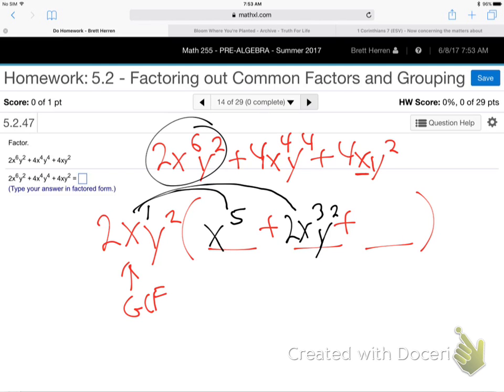Because the powers will add to go back. And the last one will be what? Just 2, huh? Just 2. There we go. Questions on that? Are we all good?